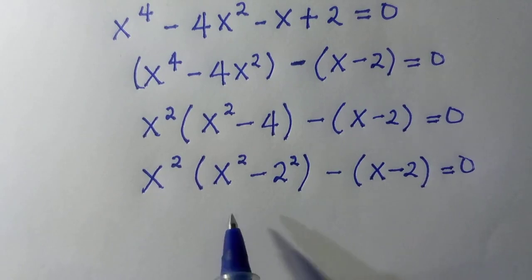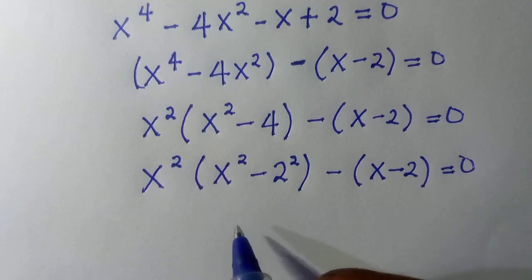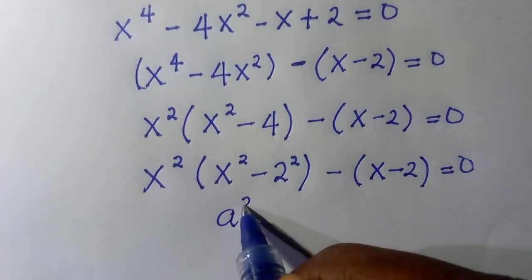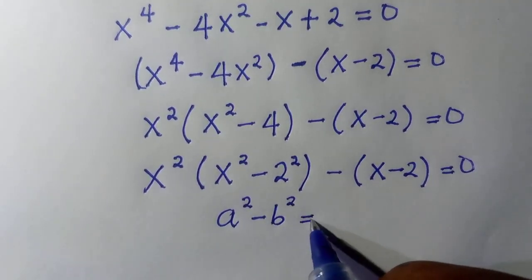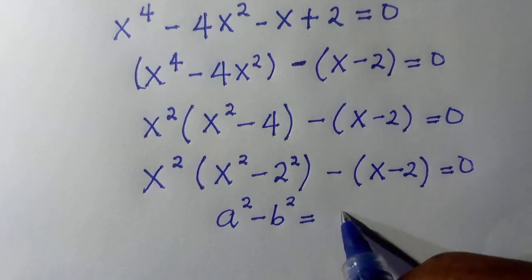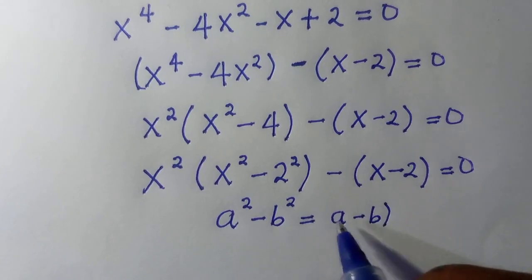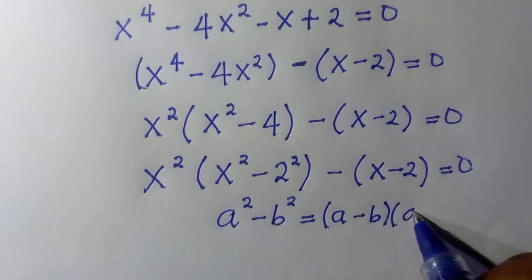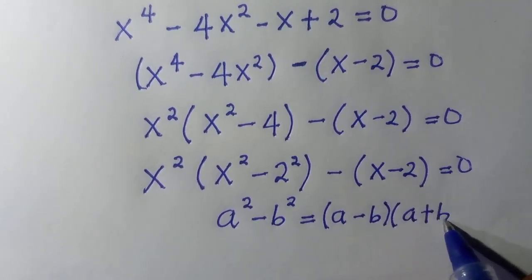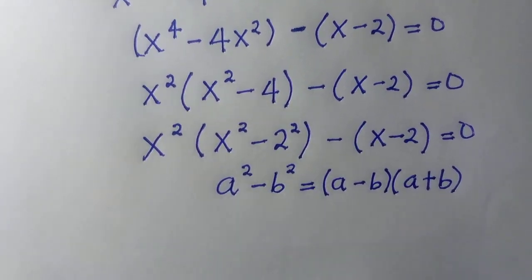We have to note that by this x² − 2², if we have a² − b², this is the same thing as (a − b)(a + b), which is known as the difference of two squares.